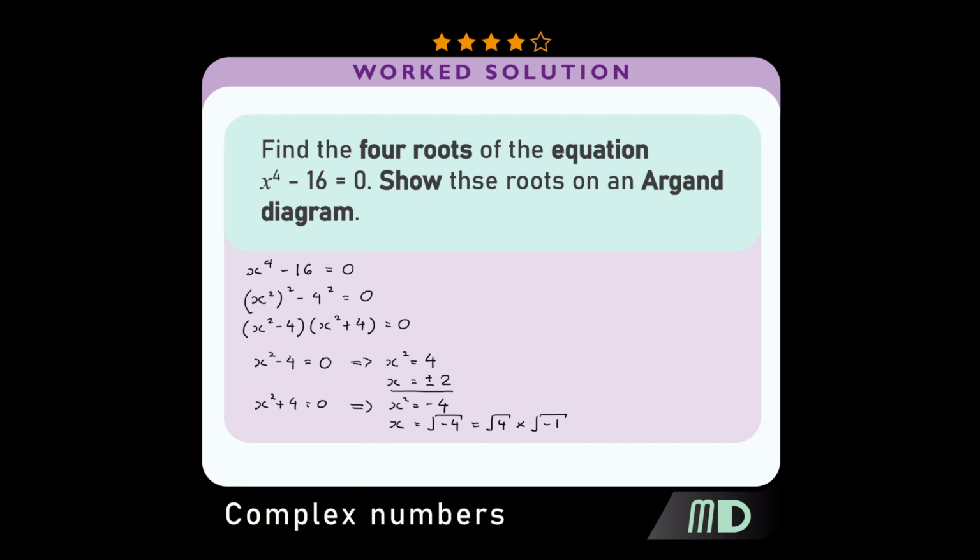So root 4 multiplied by the root of minus 1 is equal to plus or minus 2i. So there are 4 solutions to the equation x to the power of 4 minus 16 equal to 0: 2 distinct real numbers, plus or minus 2, and a pair of complex conjugate numbers, plus or minus 2i.